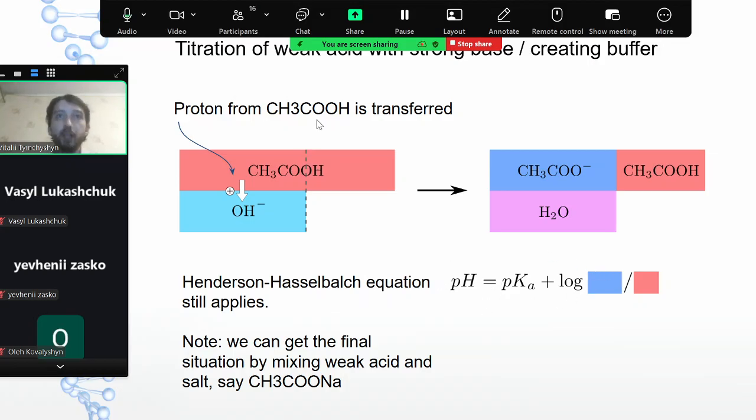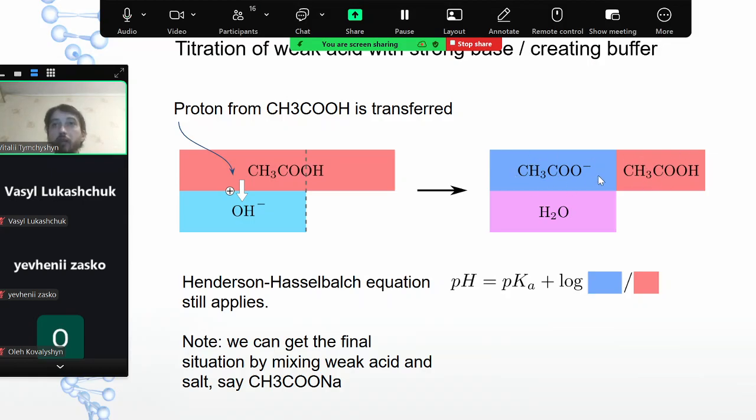We know the pKa for acetic acid, and now we have the amount of the unneutralized acid. We can just neglect the fact that it dissociates, because these concentrations are much larger.